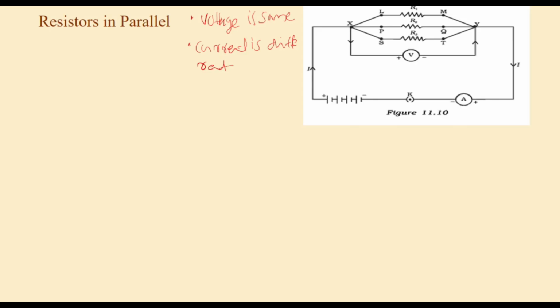So we can find the current I is equal to V by R. That was the equation. The R1 resistor current I1 is equal to V by R1, I2 is equal to V by R2, and I3 is equal to V by R3.